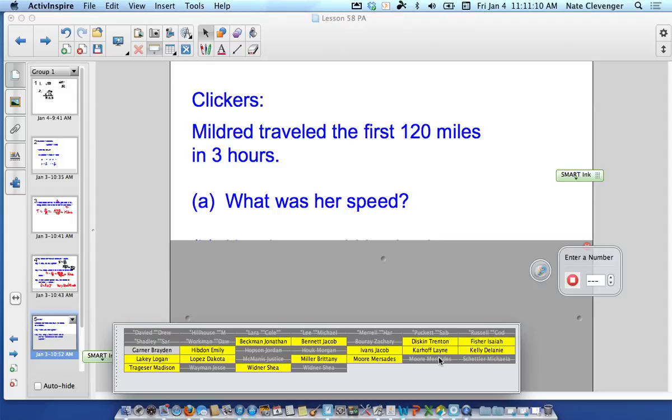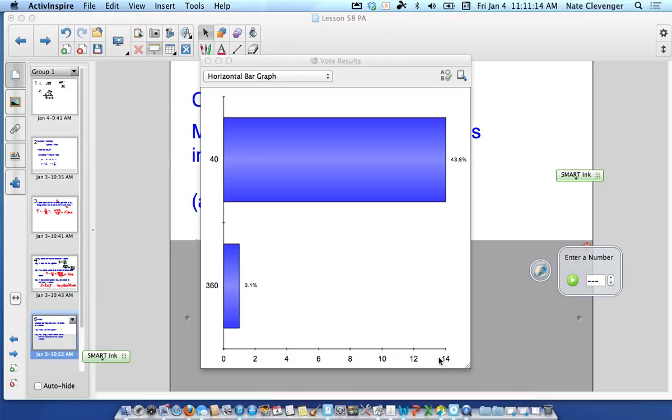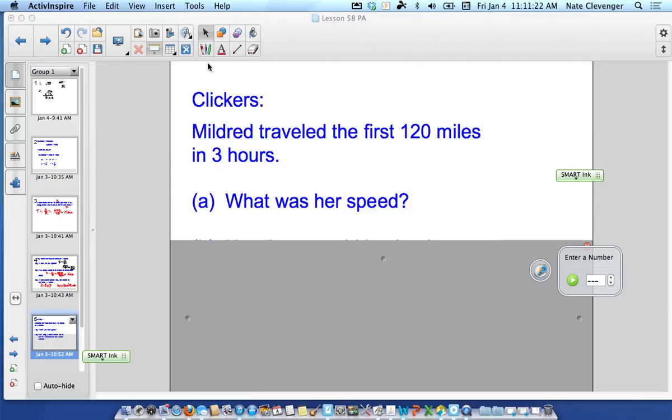Alright, so everyone had 40 but one. We are dividing on this, not multiplying. Okay? Divide, because we're trying to find rate. Rate is equal to distance divided by time. The only time we multiply is when we're looking for distance. Okay? Distance is equal to rate times time.